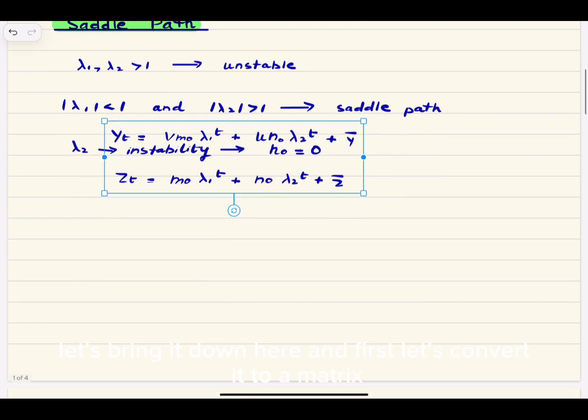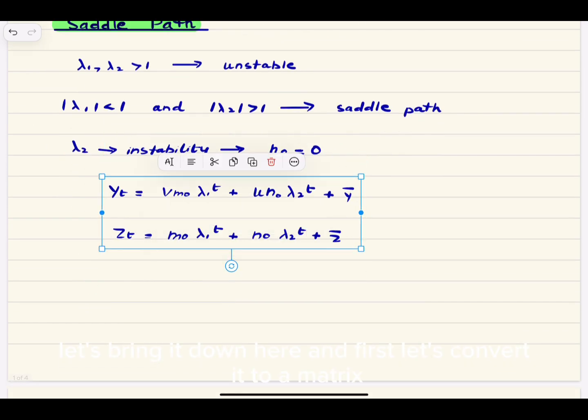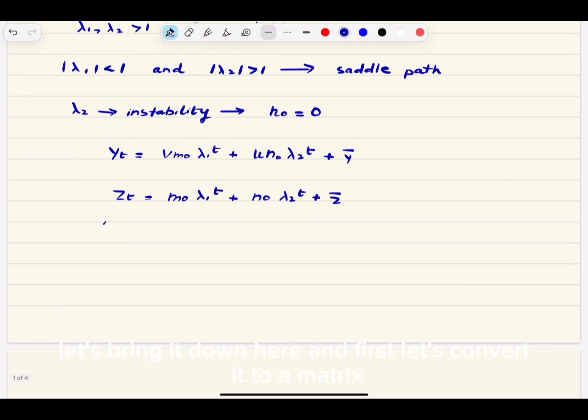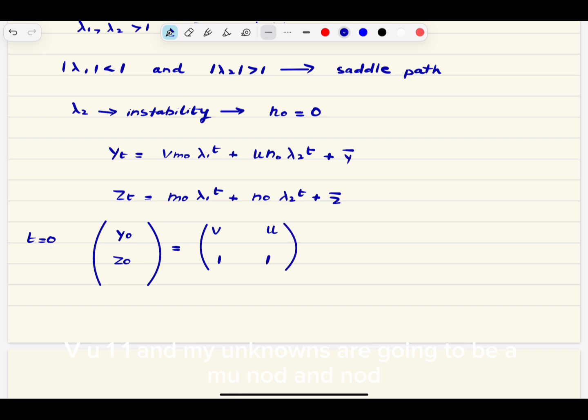Moving on, this was my system. Let's bring it down here, and first let's convert it to a matrix system and put it at time 0. So I'm going to have y naught here, z naught here, and I'm going to have v, u, 1, 1, and my unknowns are going to be m naught and n naught.